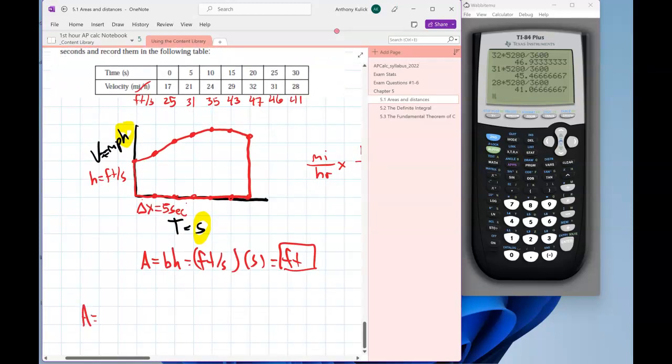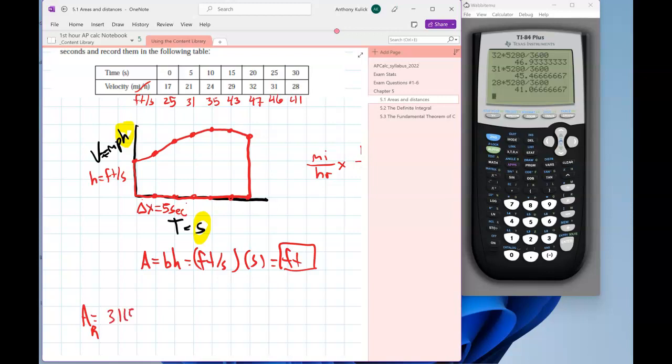I guess I'm left with the choice, should I be using a left-hand rule or a right-hand rule? I don't think it really matters here. Again, they didn't specify. And I suppose if we really wanted to, we could take both of them and look at the average. That would probably be our best estimate. So maybe we'll do that. I'll do the right-hand rule first.